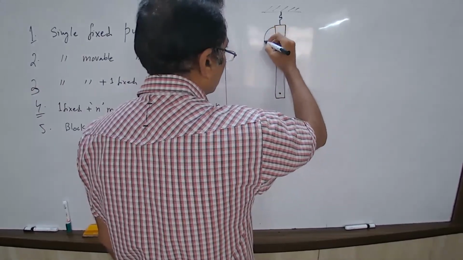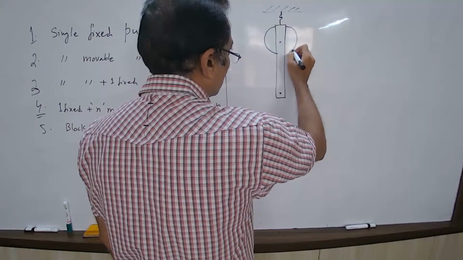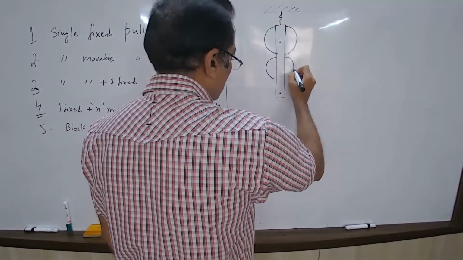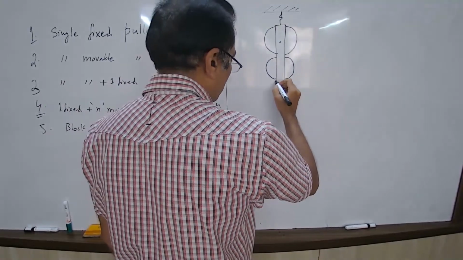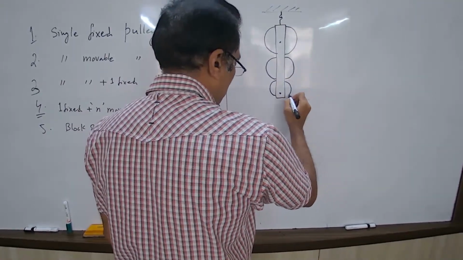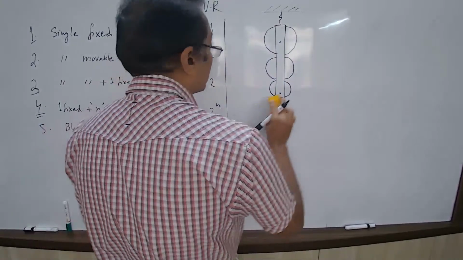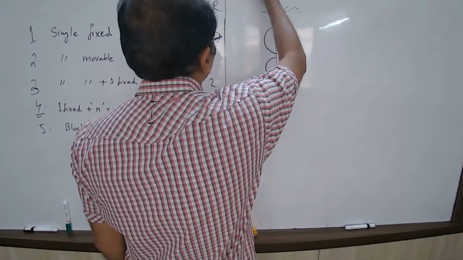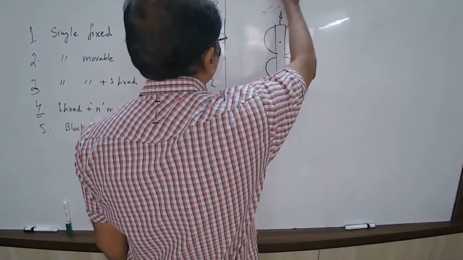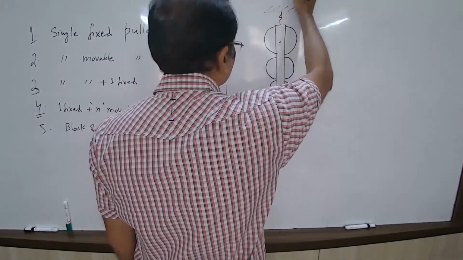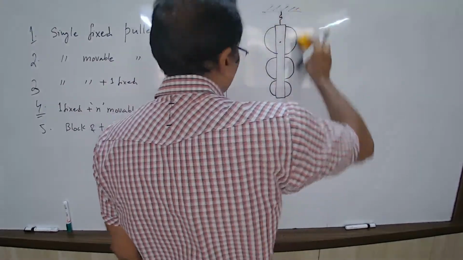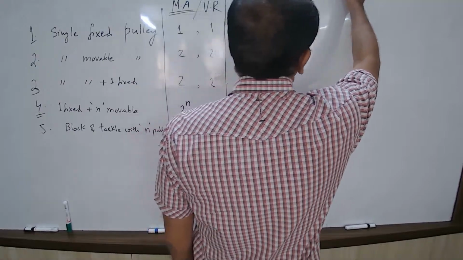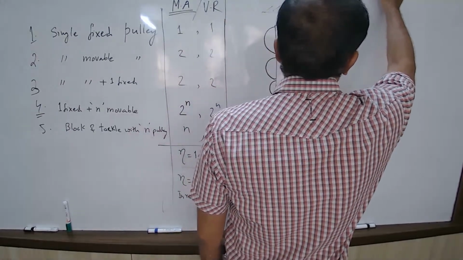So now we are doing efficiency, which is always less than 1 since mechanical advantage is less than VR.